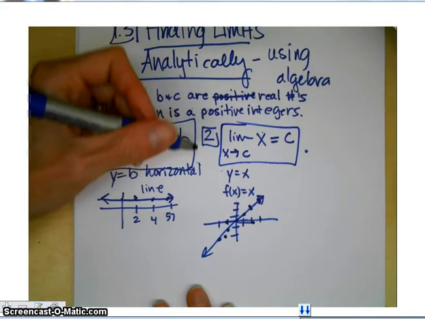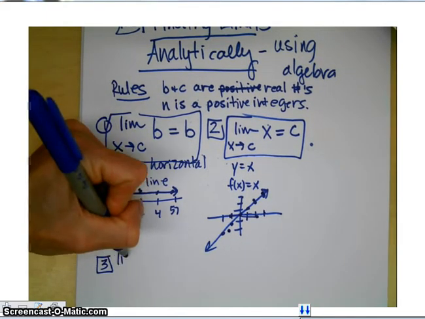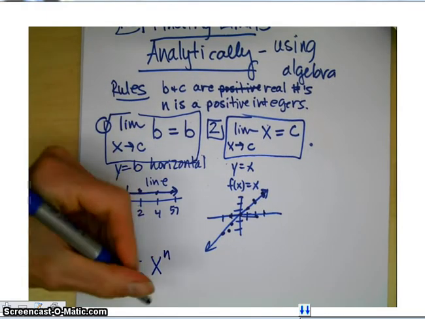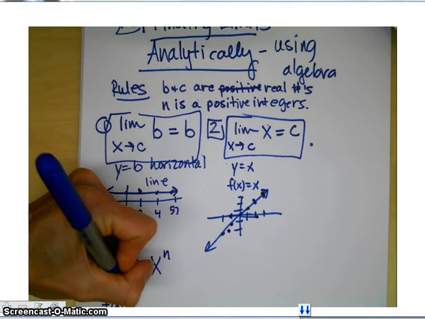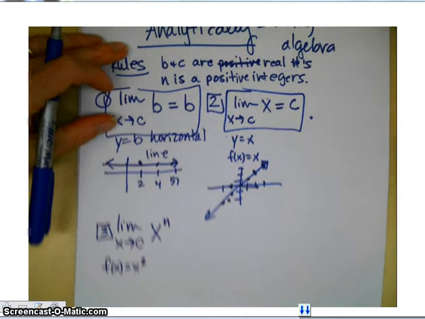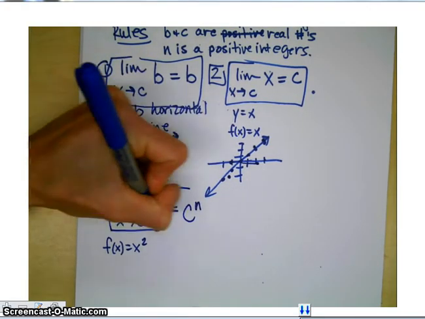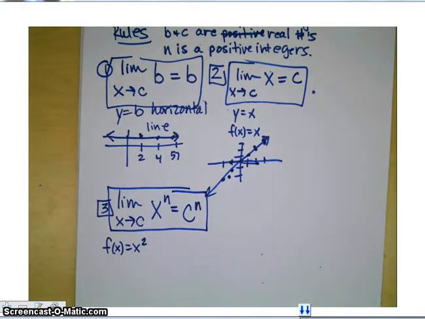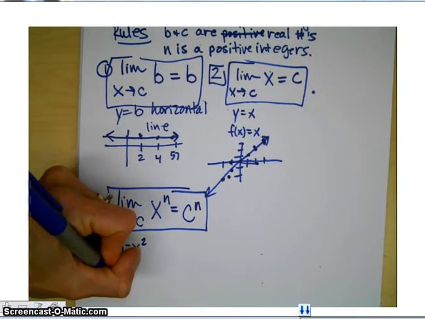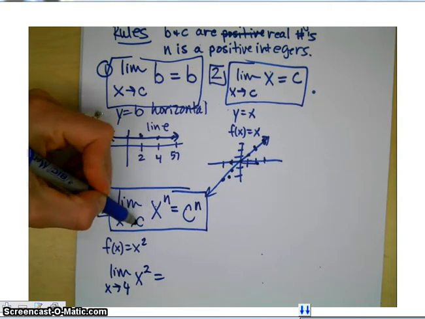There's another limit that you need to know. Number 3, the limit as x goes to c of x to the n, a function like f of x equals x squared, is equal to c to the nth power. So if I wanted to find the limit as x goes to 4 of x squared, what is this basically telling me to do?